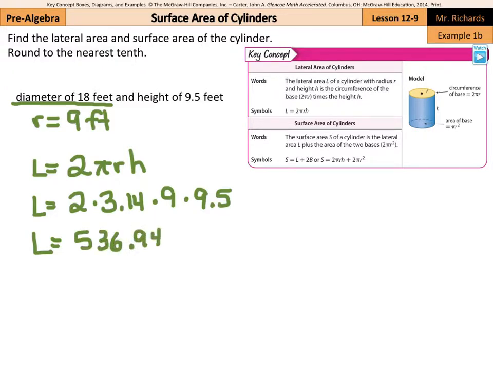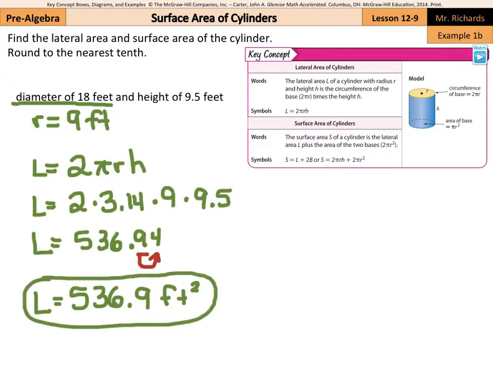And since I'm rounding to the nearest tenth, we look at the hundredths place. The 4 is smaller than 5, so it's not going to round that up. So my final answer for lateral area is 536 and 9/10 feet squared.